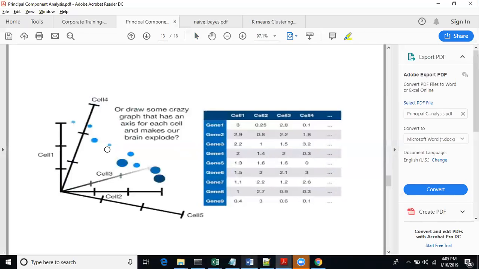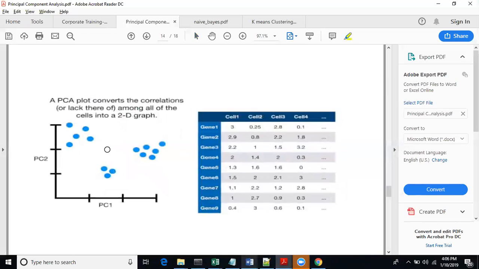But there is a correlation. Every feature column has some relationship with the others. How to represent that relationship? This is PCA. PCA can convert the correlation among all the cells into a 2D graph.